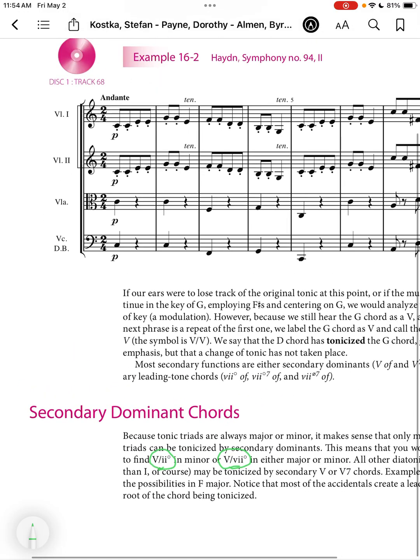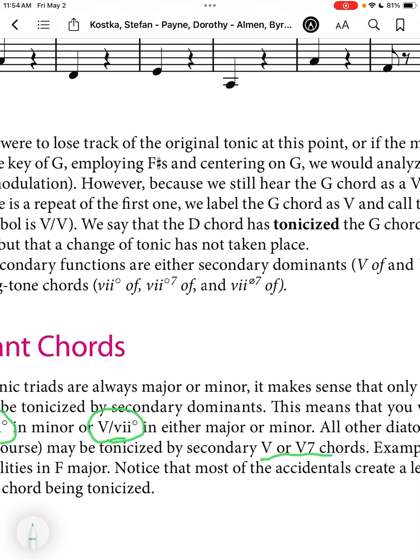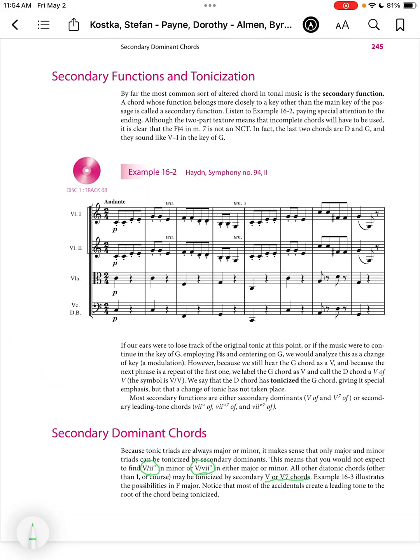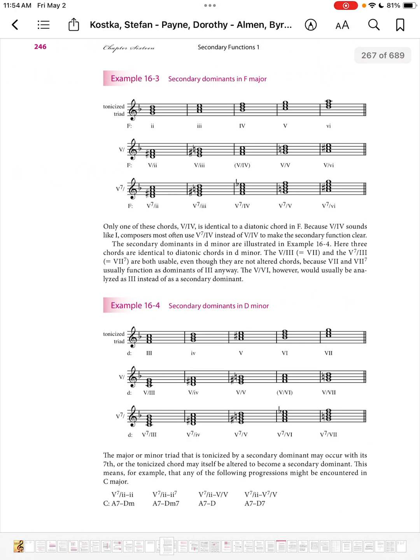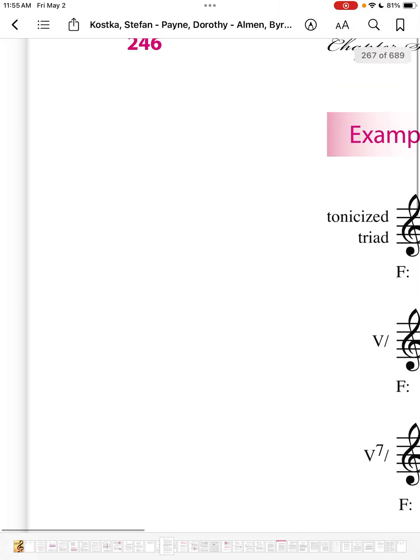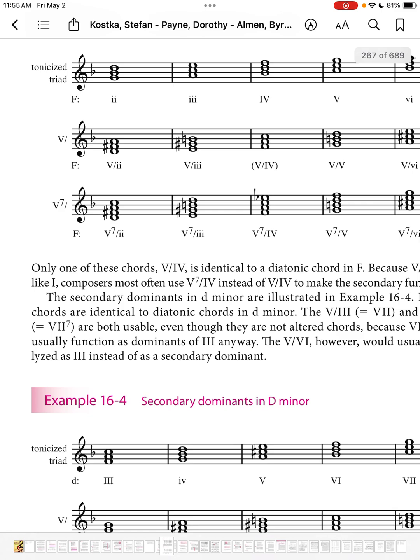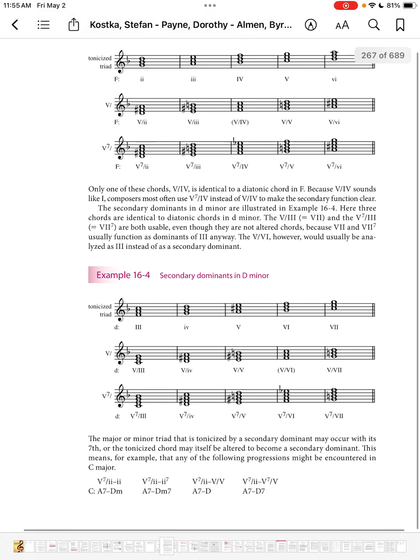Okay, so my general rule, sometimes when you're looking at the functions, you're going to have to, okay.